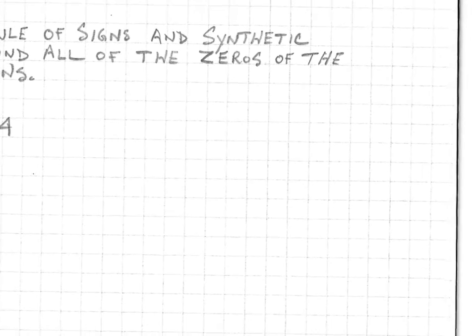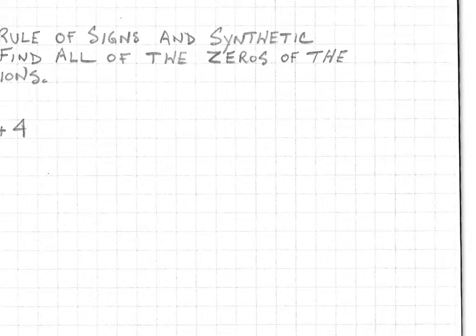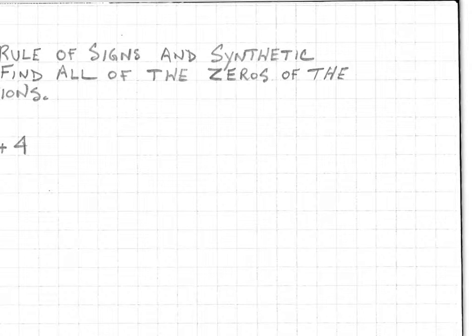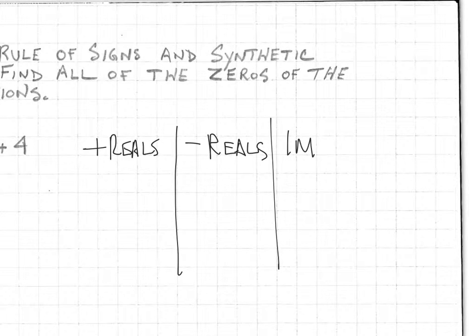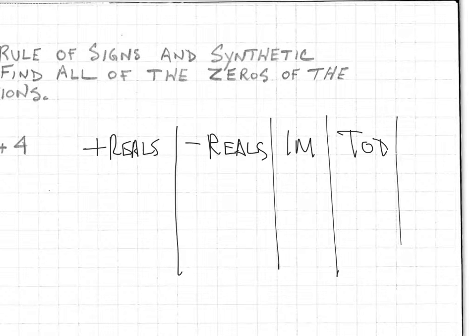Let's go ahead and make our table over here. We're going to have positive reals, negative reals, imaginaries, and our total.